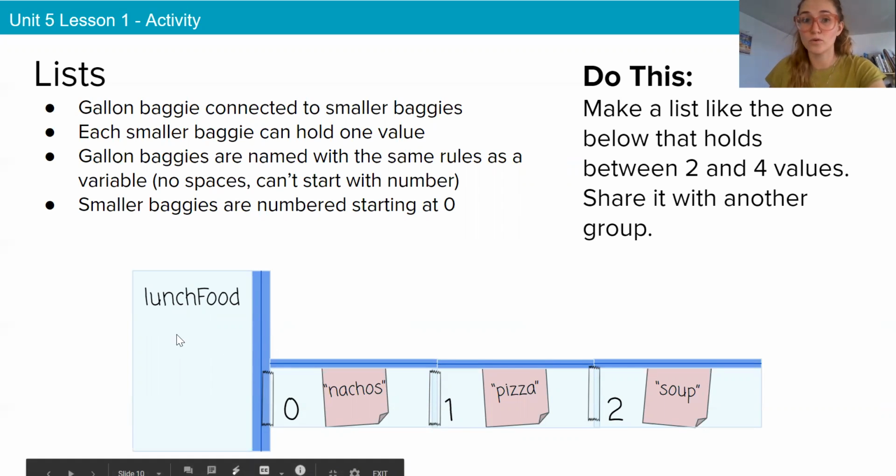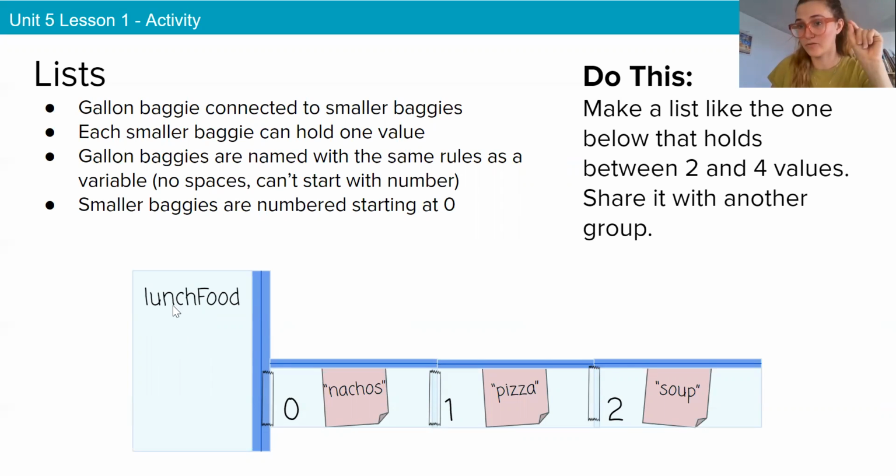The naming rules for a list are the same as for a variable. There cannot be spaces, and it cannot start with a number. It's suggested to use camel case, where the first letter is lowercase, and then the start of any other word would be uppercase.